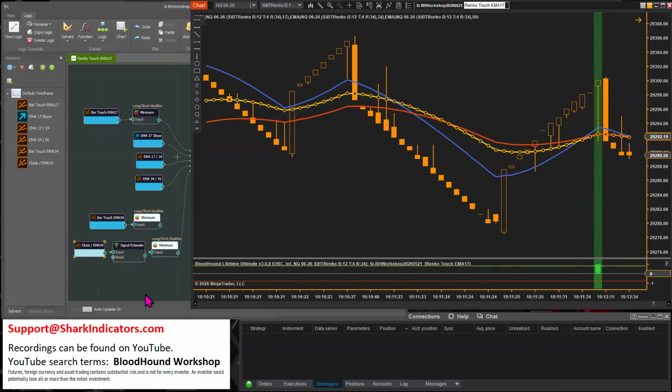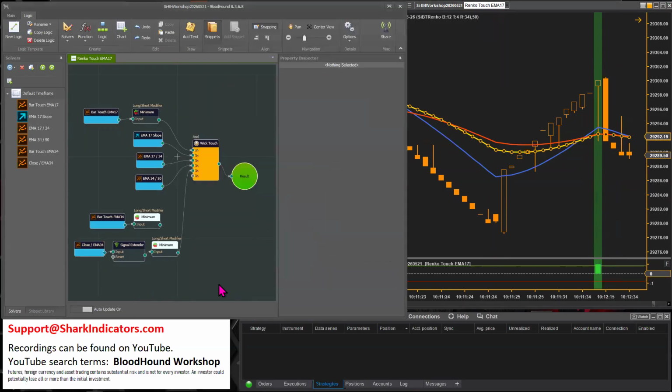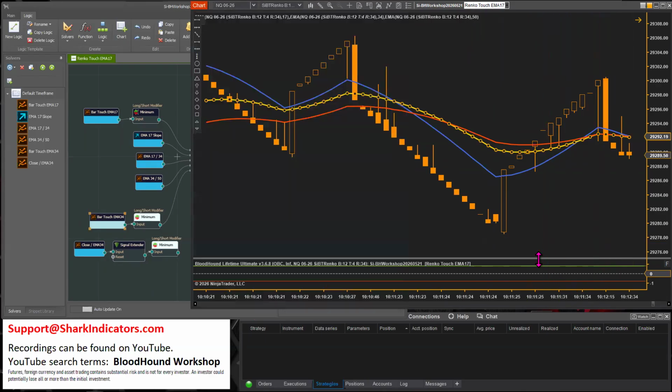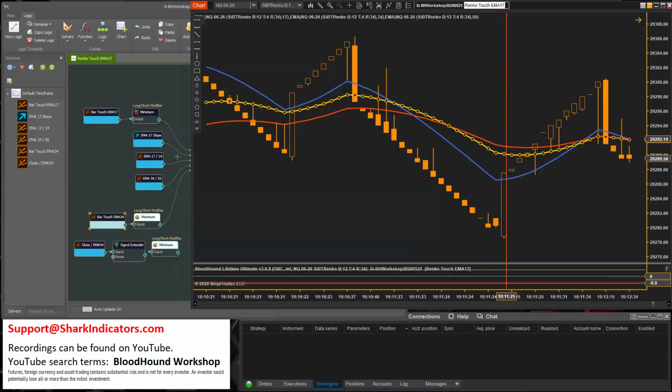So that signal got through, whereas this one, if we're looking at the bar, if the bar just simply touches the EMA, then that signal was eliminated there. So it looks like that's our difference there.